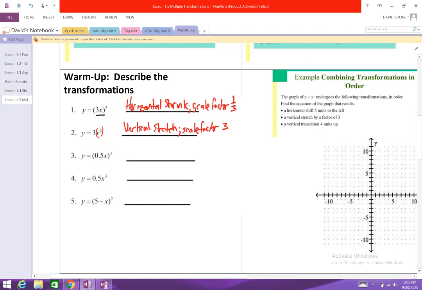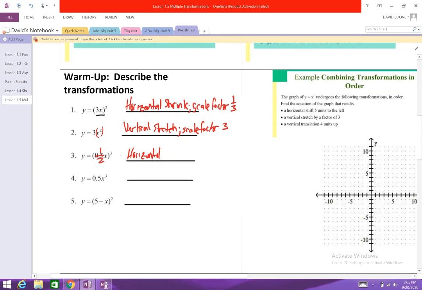Again, we've got a number inside the parentheses, so I know it's affecting it horizontally. I can think of that 0.5 as just a 1/2. When I think of that inside the parentheses, I've got to think opposite, or reciprocal.